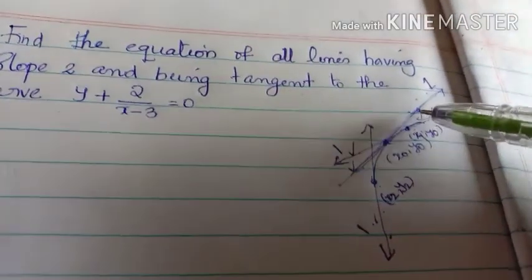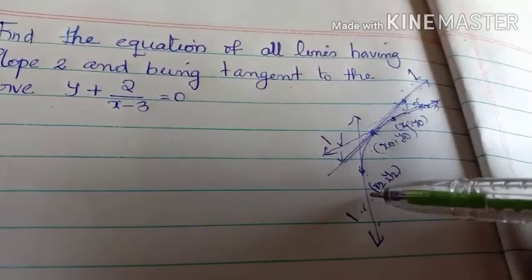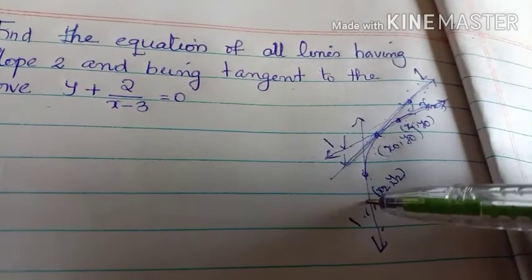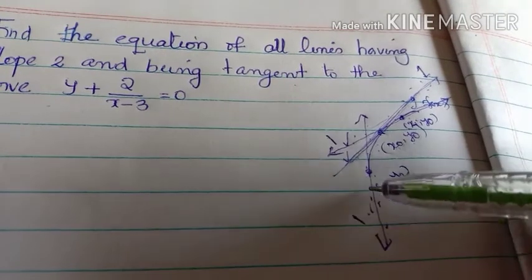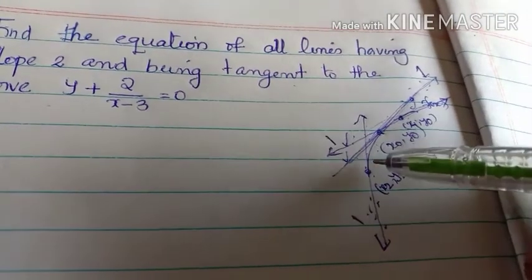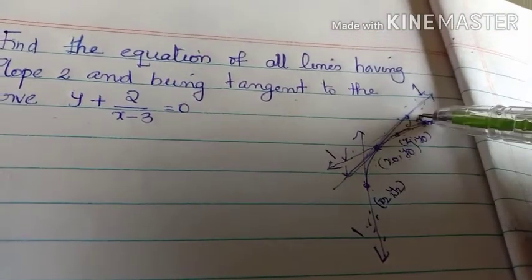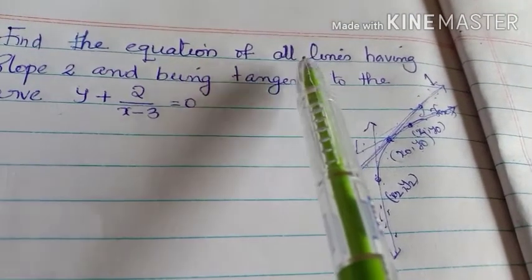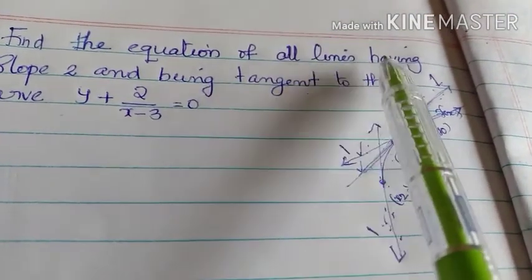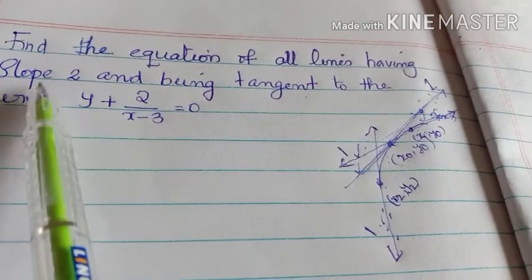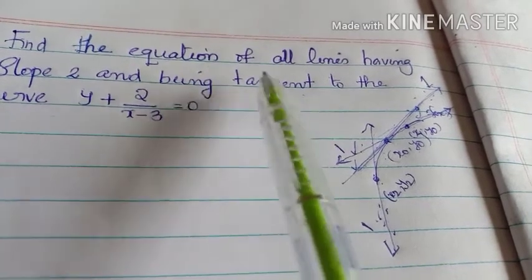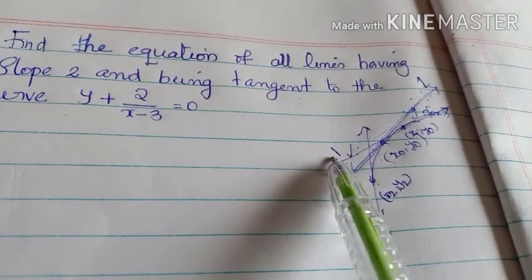We want to find the equation of these three straight lines, just an example, having slope 1 passing through three different points. So in this question we want to find the equation of all such lines having the same slope 2, and at the same time those lines are tangent to the curve.